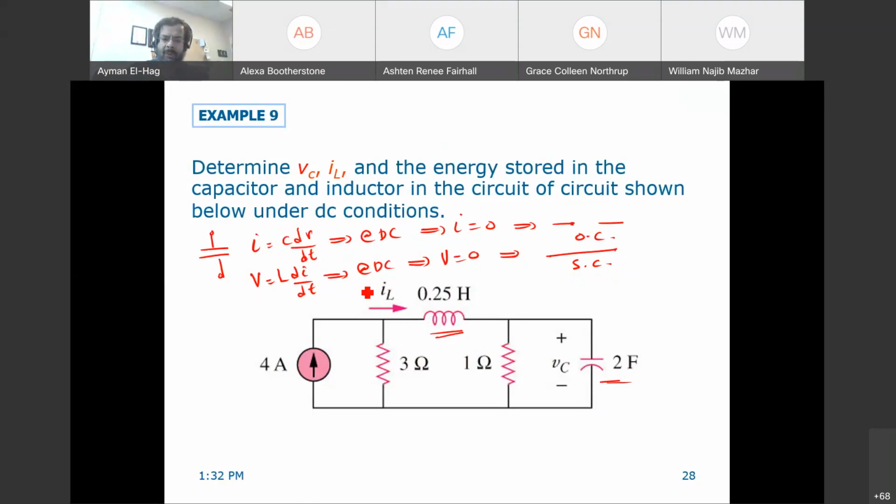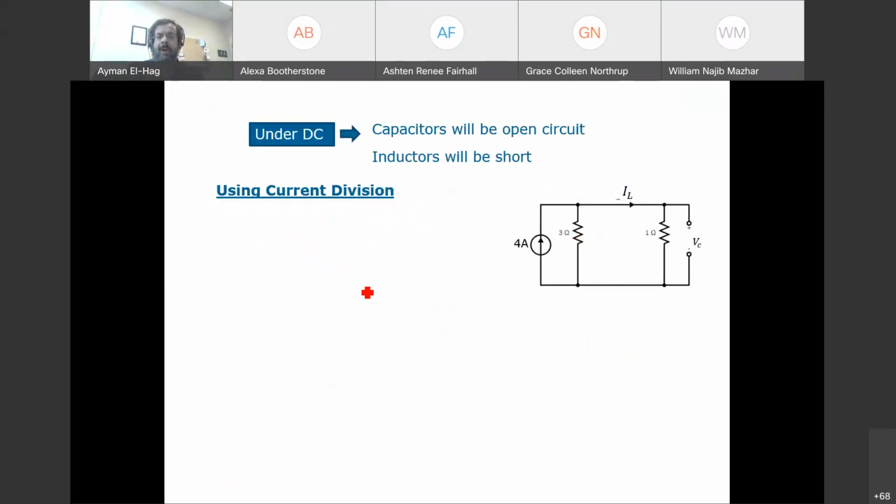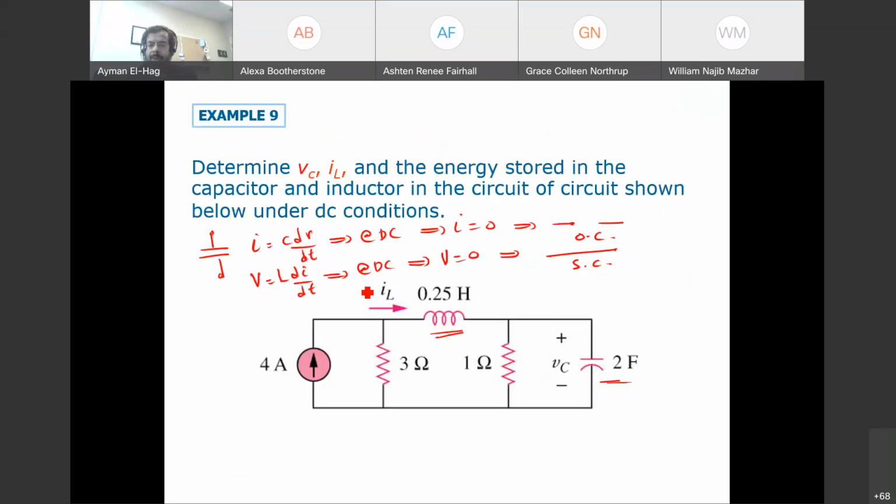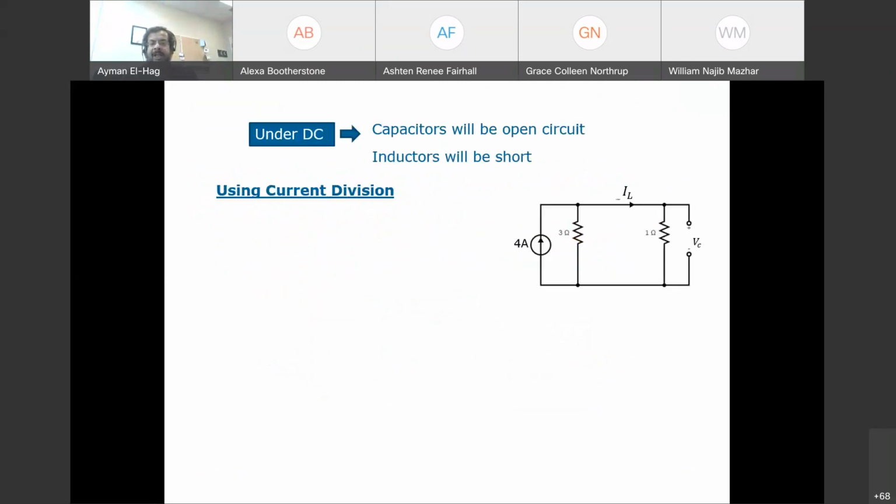conditions are equal to zero. Okay, so what we do basically, the inductor will be a short circuit, the capacitor will be an open circuit. So what is the energy stored in the inductor? The energy stored in the inductor is 1/2 L i squared. The energy stored in the capacitor is 1/2 C V squared.